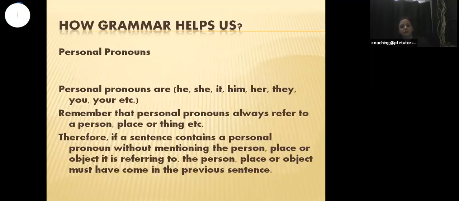If the name is Raman or John, next time I write he. If I'm talking about John and Samantha, in the next line I say they. In this way, I can guess that they are talking about John and Samantha earlier, and now they are replacing John and Samantha with the word they. And they is a personal pronoun.